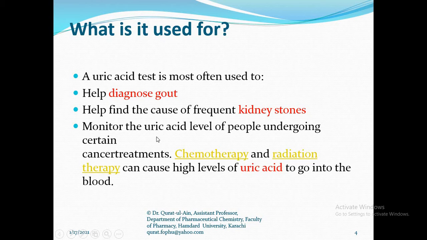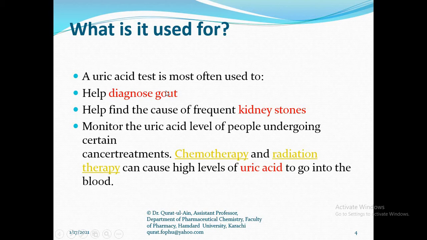The amount of uric acid present in your body has a normal concentration, and its abnormal concentration is an indication of different diseases. We will see what diseases can occur due to an abnormal concentration of uric acid. Why do we use this test?